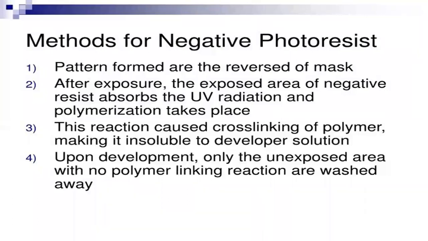So this is the method of negative photoresist applied in manufacturing machines. The pattern formed is the reverse of the mask. So the pattern forming on that mask should be reversed. After exposure, the exposed area of negative resist absorbs the UV radiation and polymerization takes place.